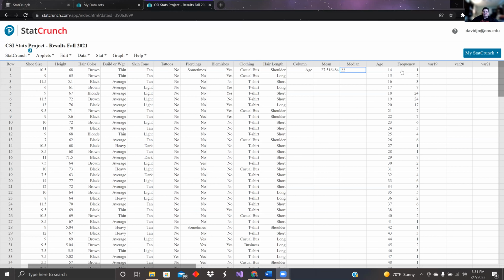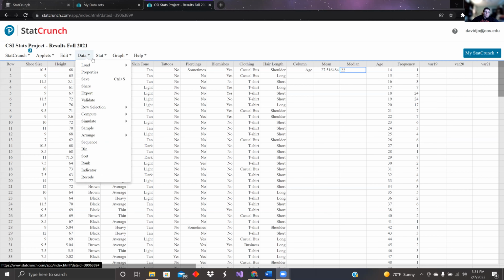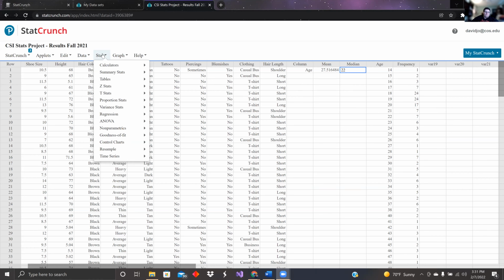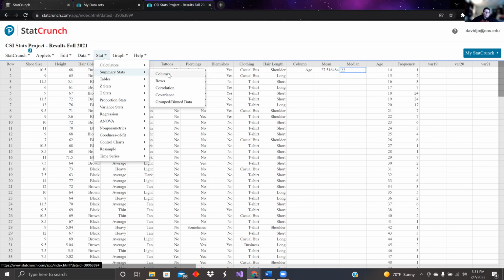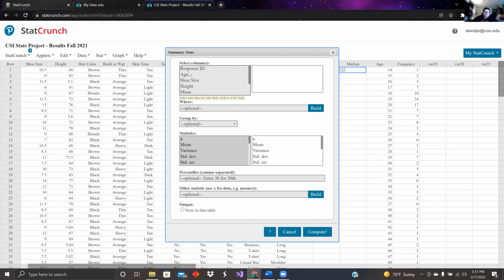Not all that exciting. We're not going to do anything drastically different. We'll do the same thing for age again. Stats, summary stats, columns. We'll click on age. And standard deviation and variance are there, for both samples. I wanted to just point out real quick what the other ones were.